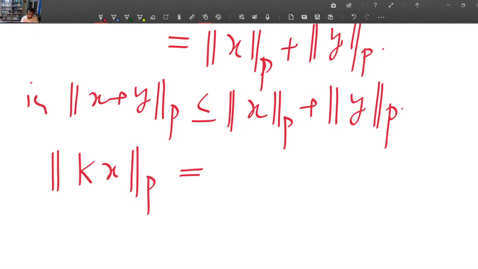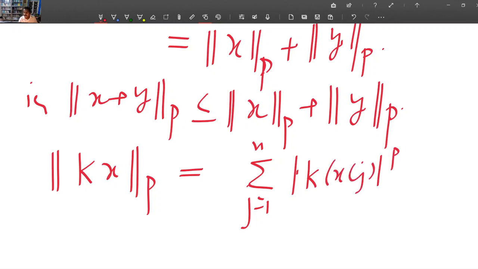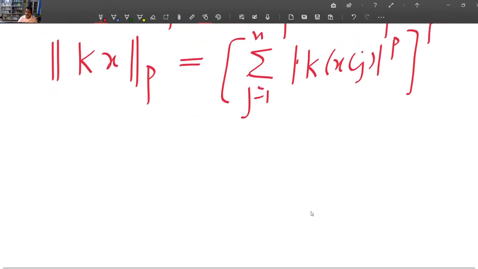You know this is equal to (Σ_{j=1}^n (|k x(j)|)^p)^{1/p}. You can take the modulus of k outside, so this is equal to the modulus of k.